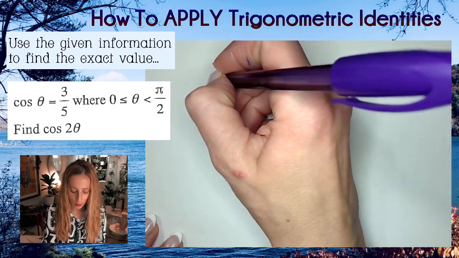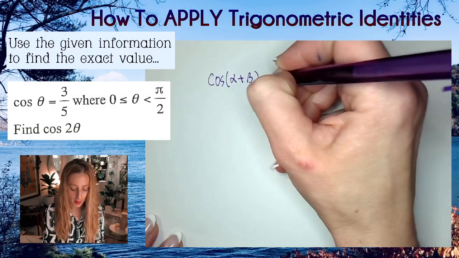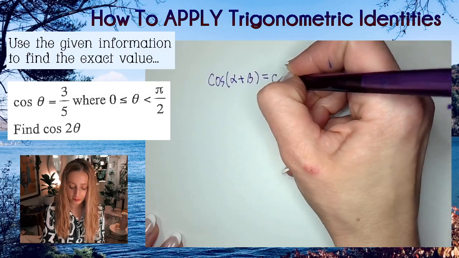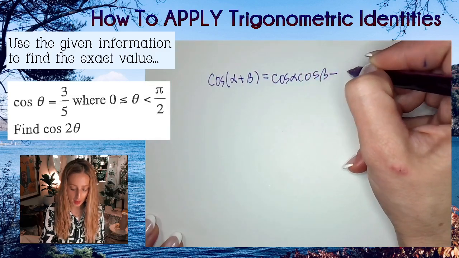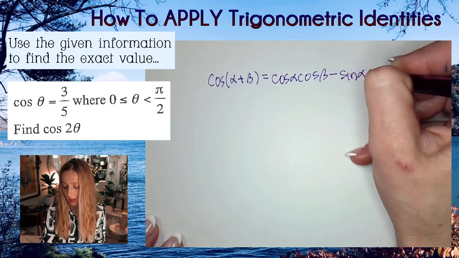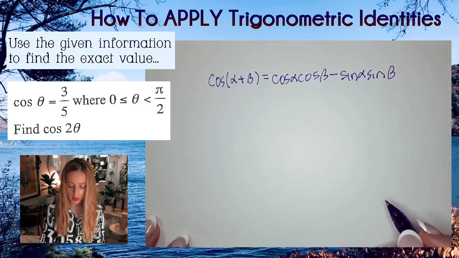Just to reiterate, where this identity pulls from is the angle sum identity for cosine of alpha plus beta. That will be cosine alpha cosine beta minus, opposite sign, sine alpha sine beta. Okay, that's the angle sum identity for cosine.